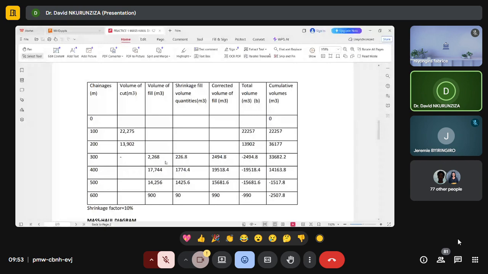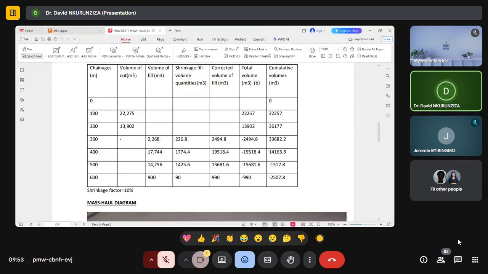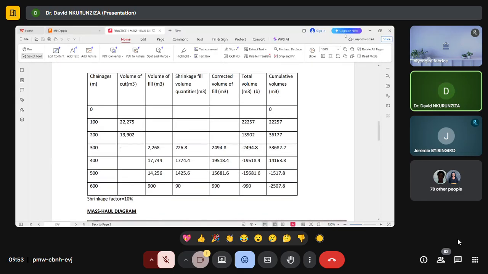But when it comes to the fill, you do not fill what you have. You have to fill too much because when you fill, then the soil will shrink, will reduce the volume. So that's why here we use the shrinking factor, the shrink volume. The shrink factor was 10%.